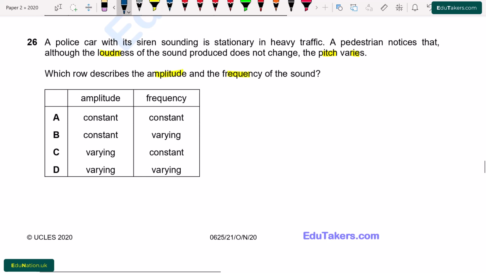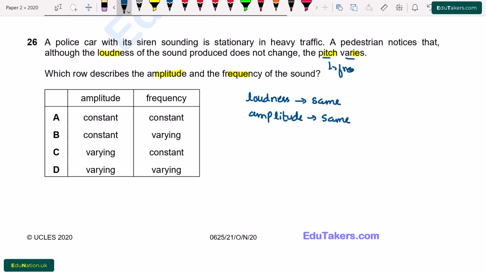So when the loudness of the sound does not change, loudness remains same, it means that amplitude also same, because amplitude depends upon the loudness. So amplitude should be same and pitch varies. So pitch basically depends upon the frequency. If the pitch changes, it means that frequency also change.